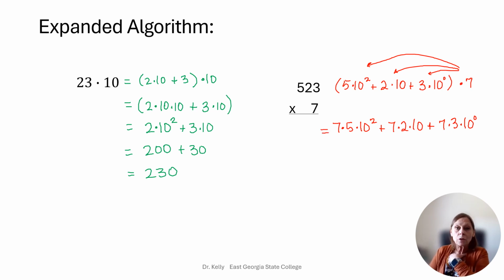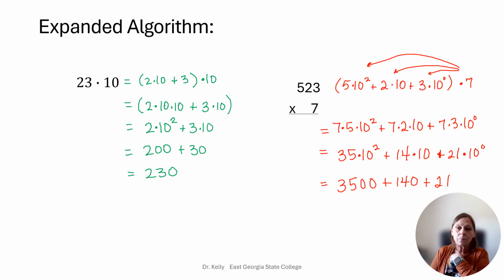So that's going to leave us with 35 times 10 squared plus 14 times 10 plus 21 times 10 to the 0, which gives us 3,500 plus 140 plus 21.